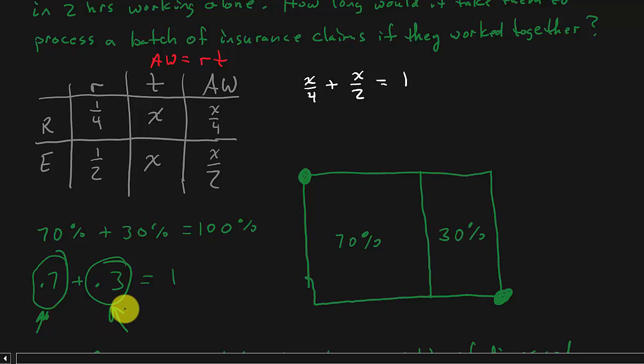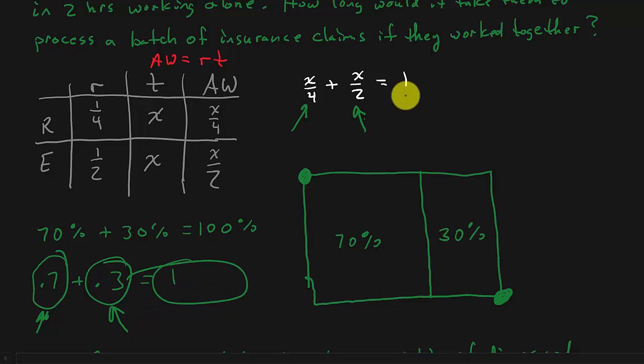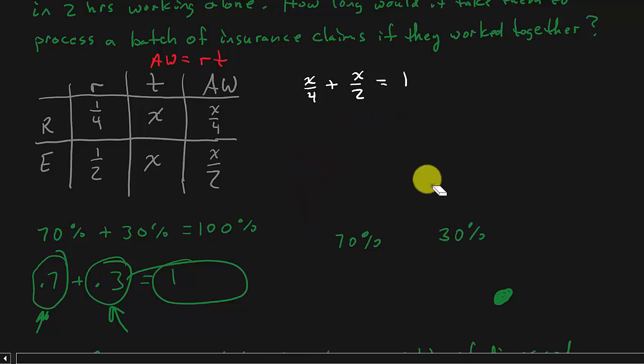This is the amount of work that you did. So the amount of work that Rita did plus the amount of work that Eduardo did is equal to 100% of the job being done. And that's where that equation comes from. I hope that made sense. I hope it didn't confuse you any.